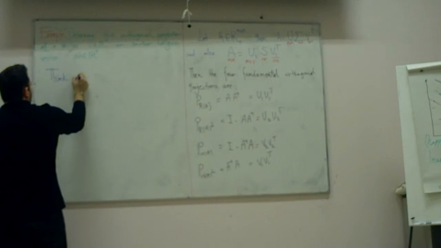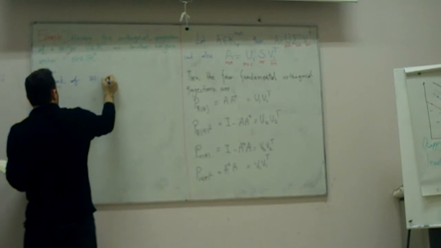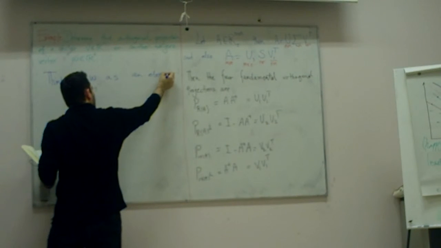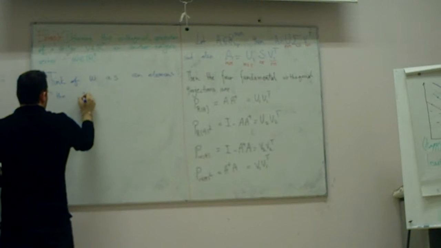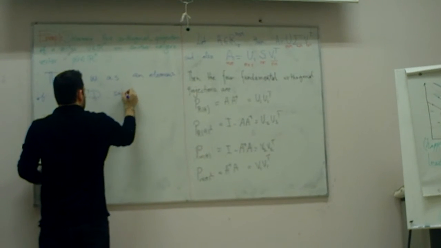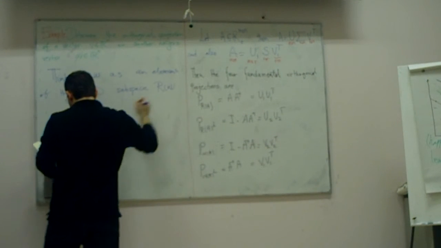Think of the vector W as an element of the one-dimensional subspace of R^n.